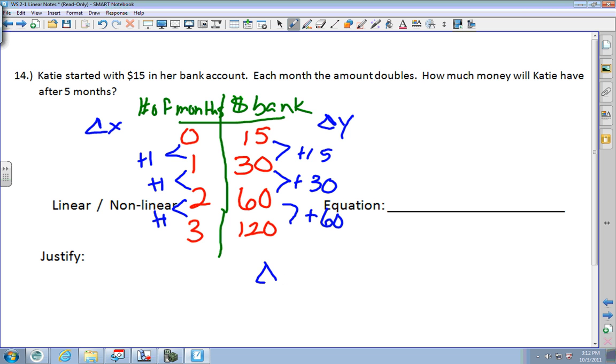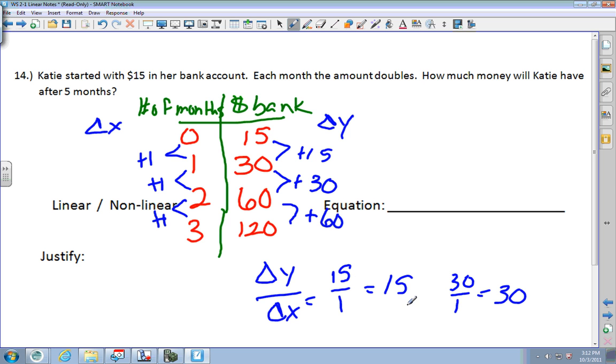I have delta y over delta x. So now I've got 15 over 1 is 15. 30 over 1 is 30. Well, wait a minute. These are not the same. My rate of change is not the same. It is nonlinear. Let me give you a hint. If you have something that says doubles or triples, it is going to be nonlinear.